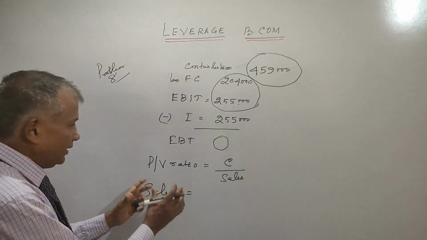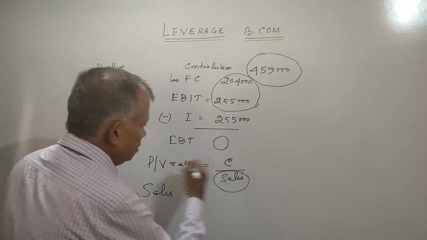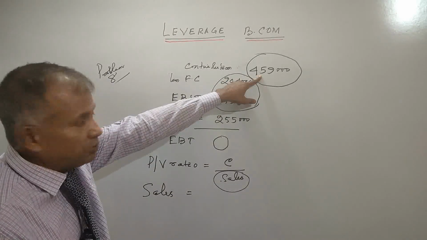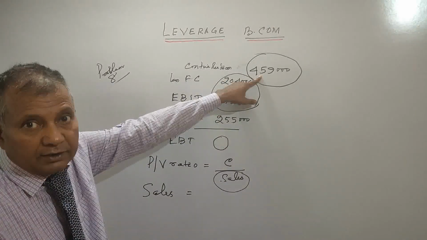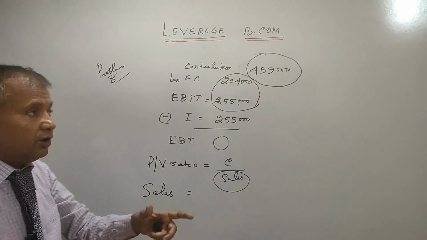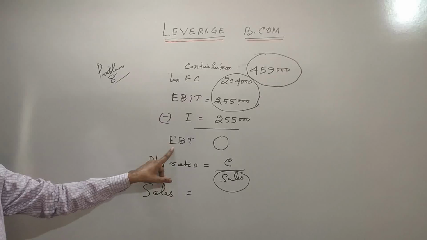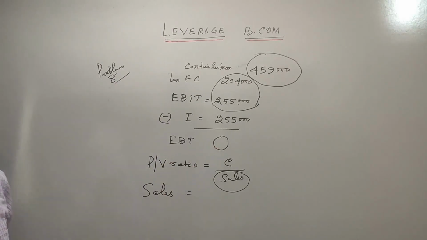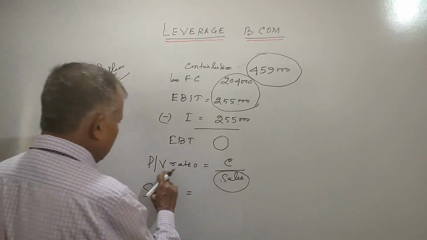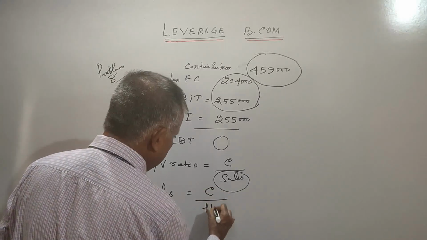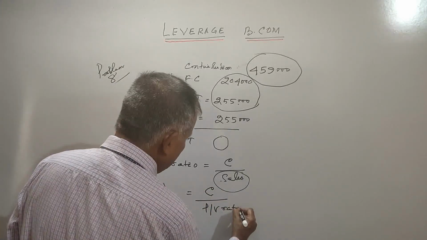We want to find out the sales to get the contribution of 4,59,000, because if our contribution is 4,59,000, our EBT will be 0.